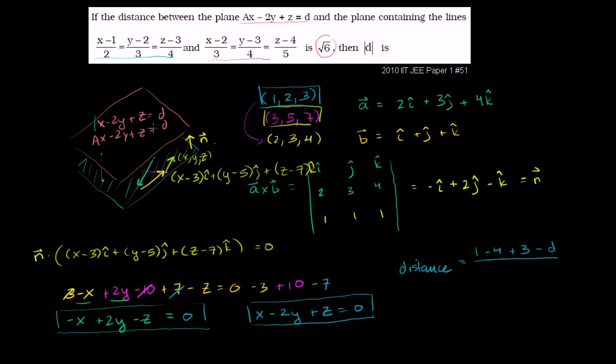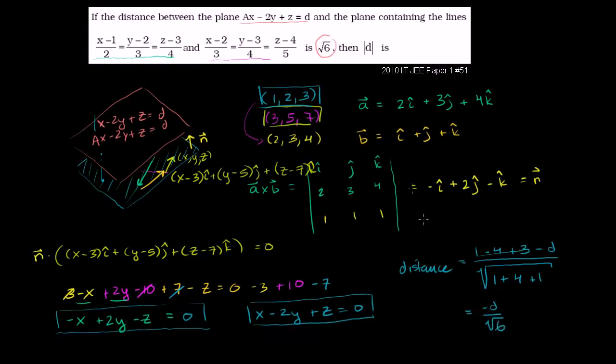So it's 1 squared plus negative 2 squared, which is 4, plus 1 squared, which is 1. So the distance is equal to 1 minus 4 plus 3, which is 0. So in the numerator we have negative d, all of that over the square root of 1 plus 4 plus 1, so all over the square root of 6.